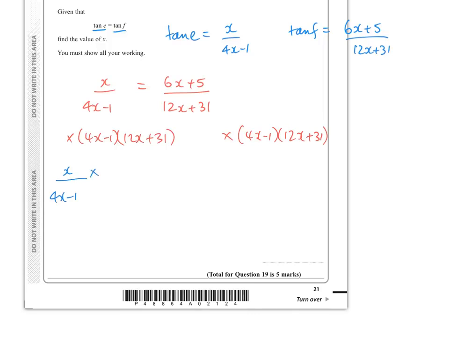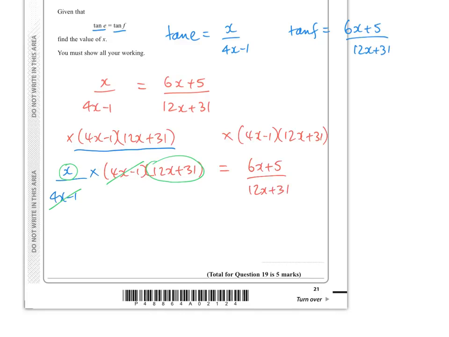So if I times that side by this, then what's going to happen? This is going to cancel with this, and I'll just be left with x lots of 12x plus 31. And on the other side, I had 6x plus 5 over 12x plus 31, and I've got to times that by the same thing.